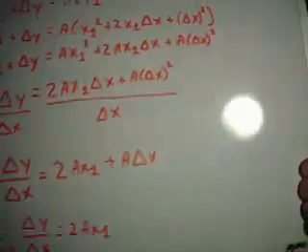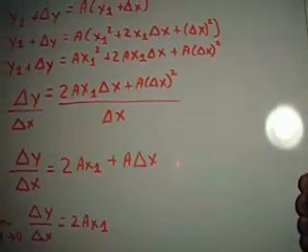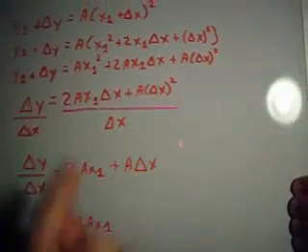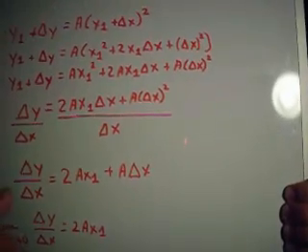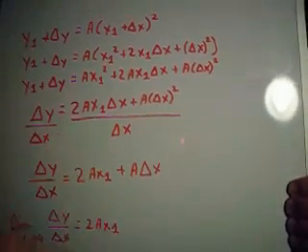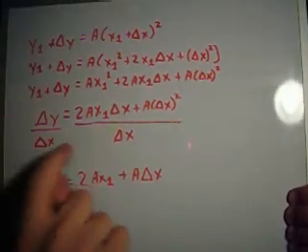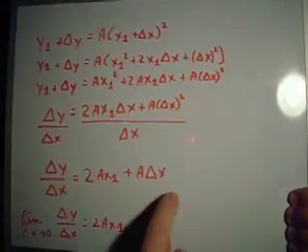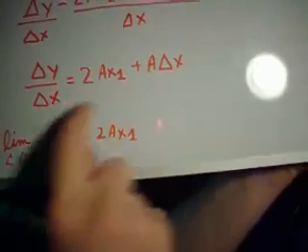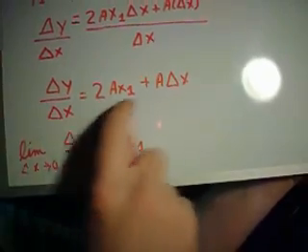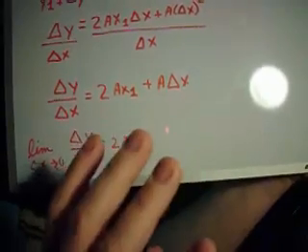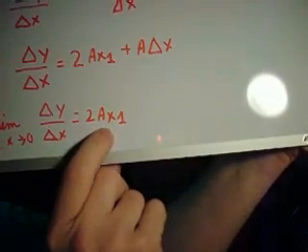Now remember, as I said before, we're letting delta x represent 0. Even though we could never physically divide by 0, we can divide by delta x. And so delta y divided by delta x, which is the change in y divided by the change in x, gives us this equation right here. Now then, you can see right down here, delta y divided by delta x gives us this. And then we're saying that if delta x were 0, we would get this value right here.